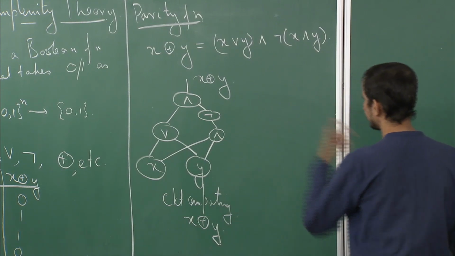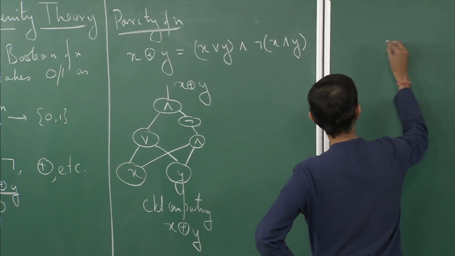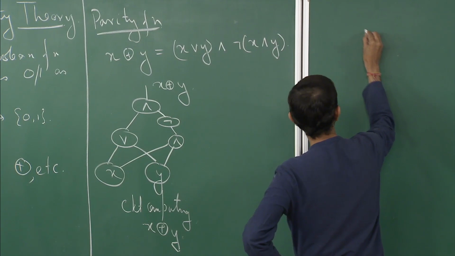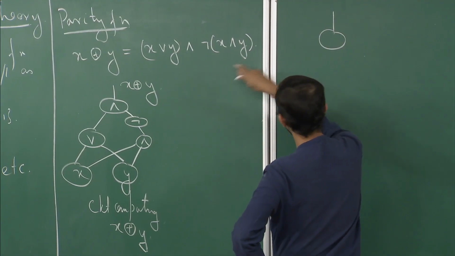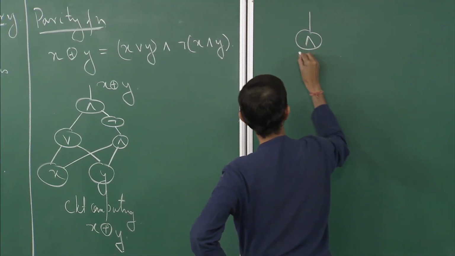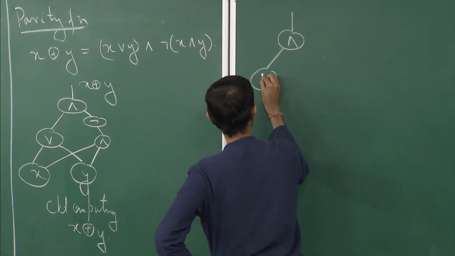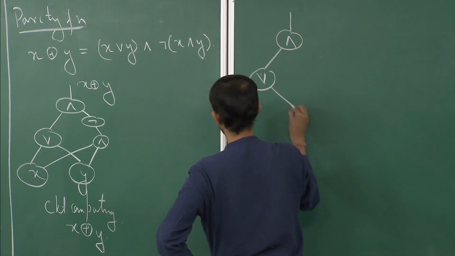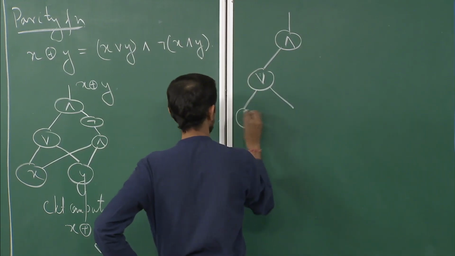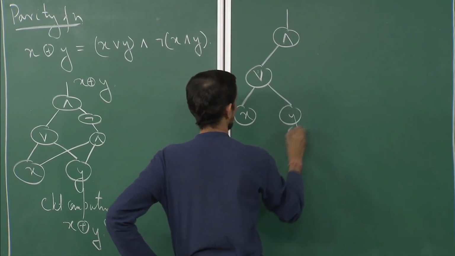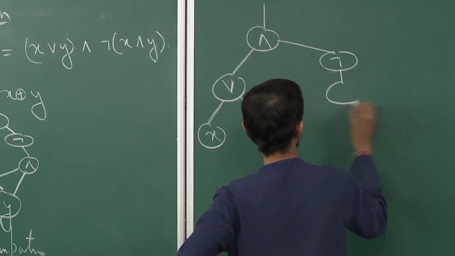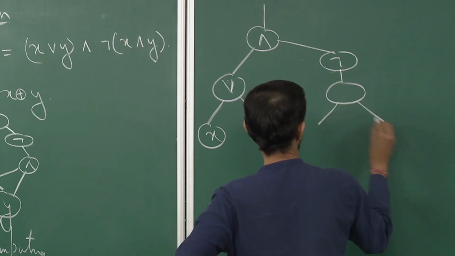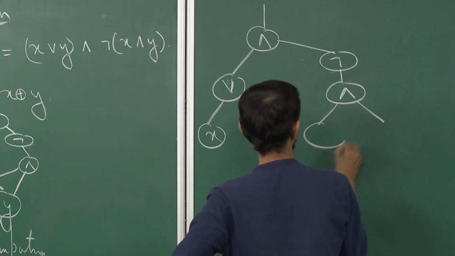Okay, so another way of representing the same circuit is as follows. It uses the same formulation. So I have AND, and I have OR over here, followed by x, y, and I have an AND over here.